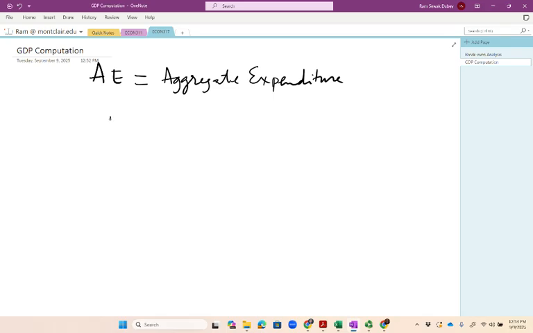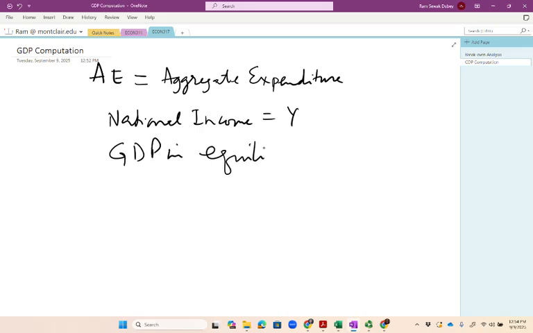I will denote the national income by notation Y. So aggregate expenditure is a function of Y, and the GDP in equilibrium is the value of Y such that we have aggregate expenditure equal to Y. So that will be our goal.